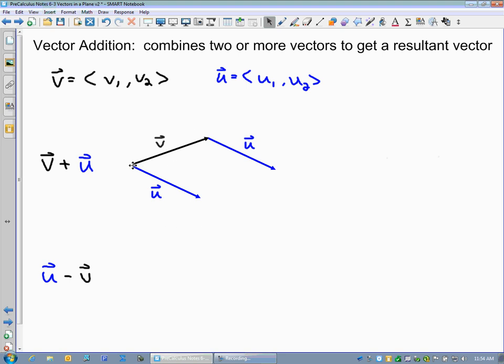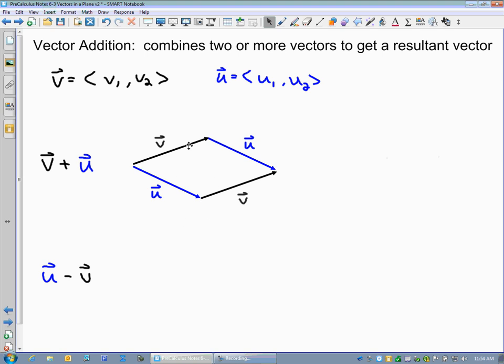So I travel along v, and then go in the direction of u for the length of u. I can just take this vector, shift it over here, or make a copy of it like I did. Likewise, we could have also traveled along u and then traveled along v and ended up at the same point.